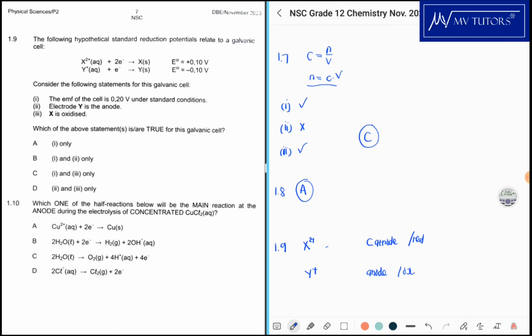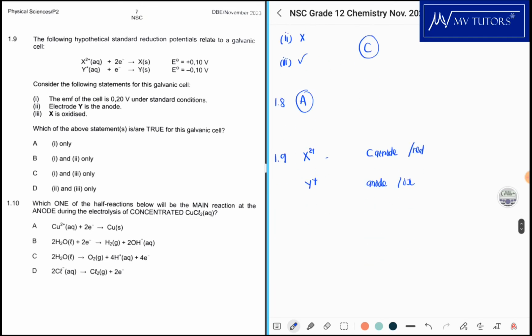All right, so now it says consider the following statements for this galvanic cell. The EMF of the cell is 0.2 volts under standard conditions. I would agree, because remember EMF is basically that of the cathode minus the anode. The cathode is 0.1 minus negative 0.1, so that's 0.2.